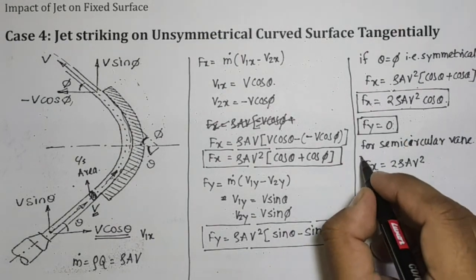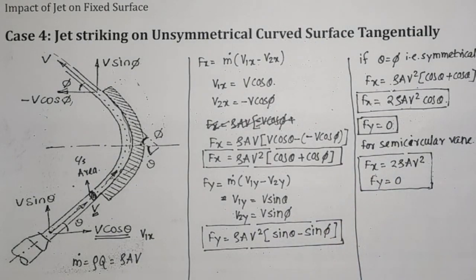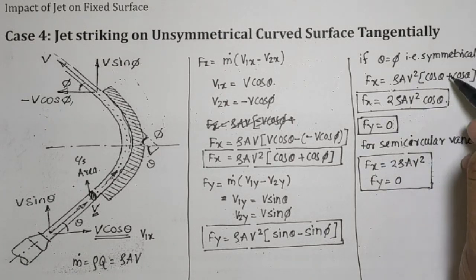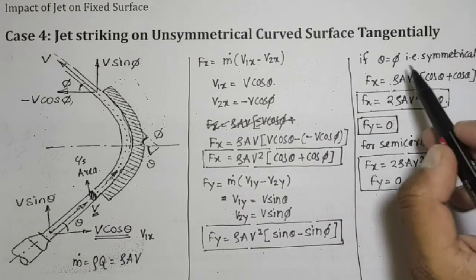So this is all about the force exerted on an unsymmetrically curved surface, and from that we can find the forces for different special conditions. On the right hand side I have written some of the special conditions.